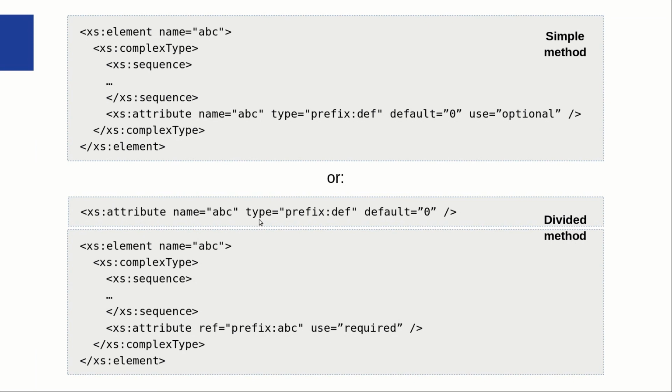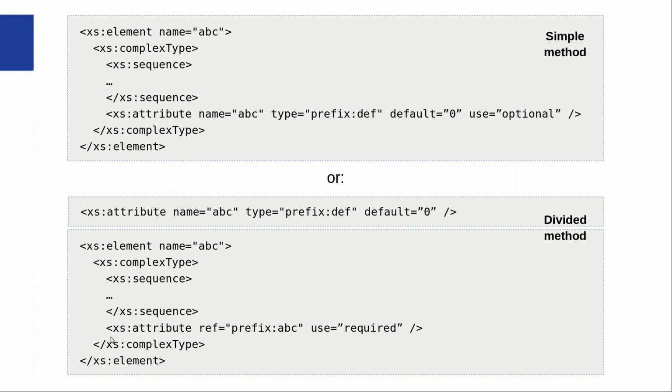And then you refer to this attribute from inside a complex type of a complex element declaration, always below or next to the indicator in which you declare the elements nested to the complex type. For example, here you could have any number of elements declared as the complex type, and the attribute you declare right after you close the closing tag of the indicator of the elements, as we've done on the simple method.